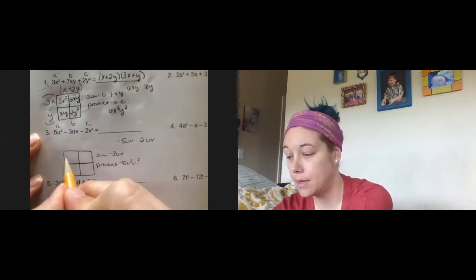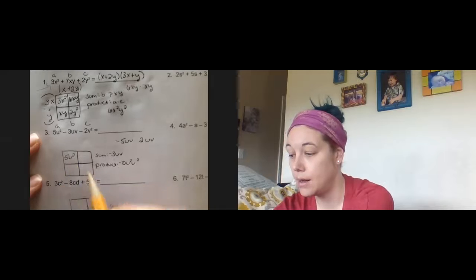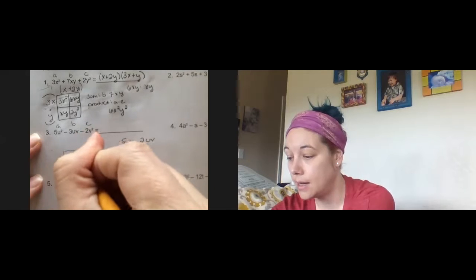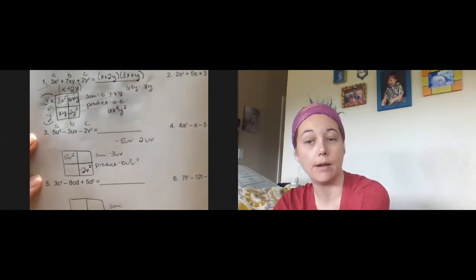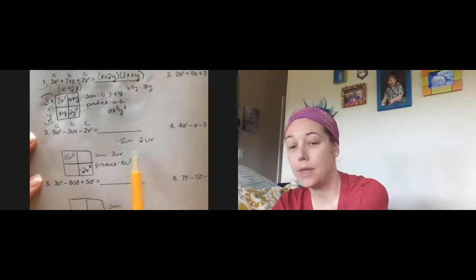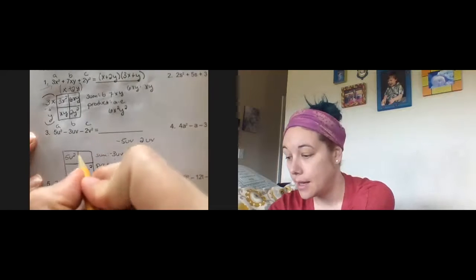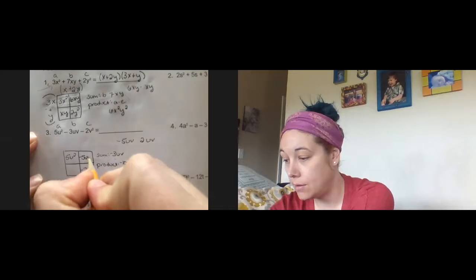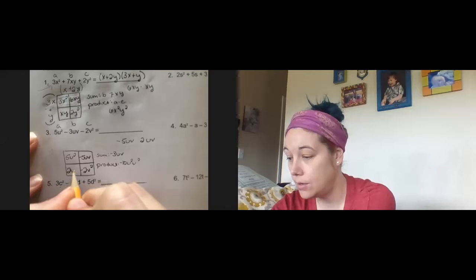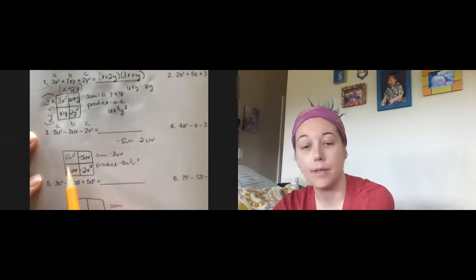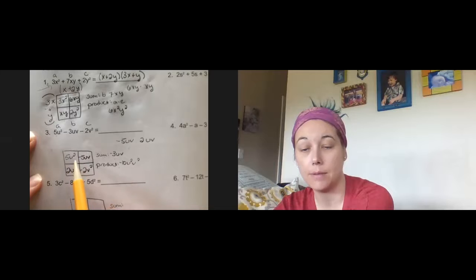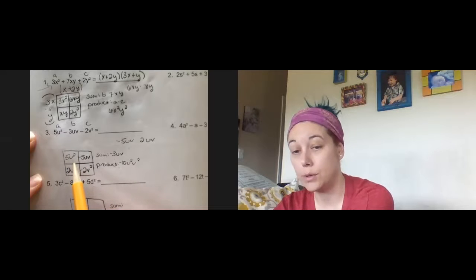A goes in the first one, 5u squared. And our last one, negative 2v squared. Okay. And now I know that these are my diagonals, right? I've got negative 5uv and 2uv. Okay, let's go ahead and expand out, see what times what gives me 5u squared.